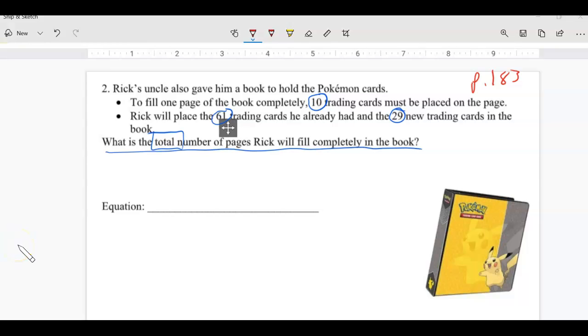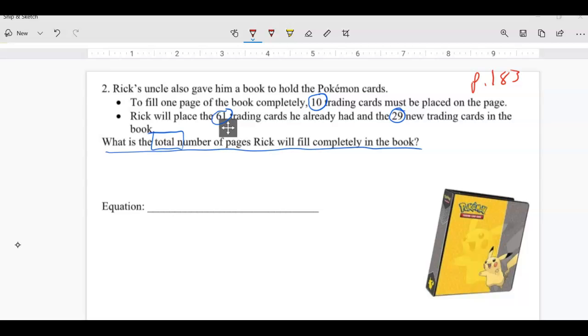And this is number 2. Rick's uncle also gave him a book to hold Pokemon cards. To fill one page of the book completely, 10 trading cards must be placed on the page. Rick will place the 61 trading cards he already had and the 29 new trading cards in the book. What is the total number of pages Rick will fill completely in the book?